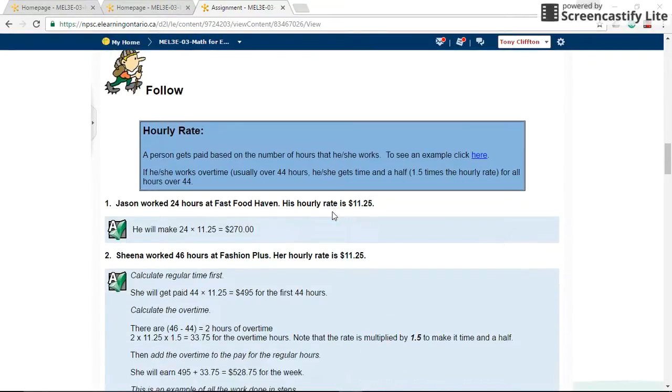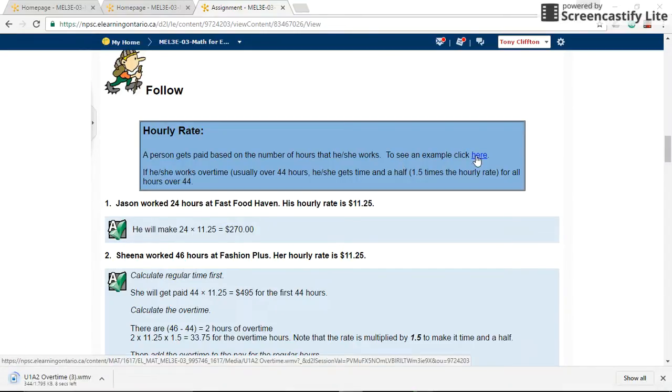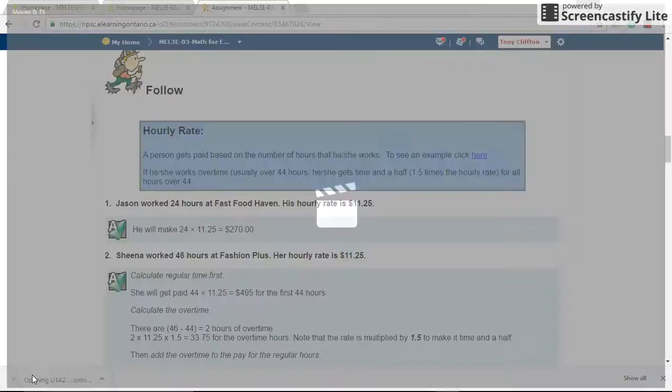Now, for most people, they're familiar with the hourly rate of getting paid. A person gets paid based on the number of hours that he or she works. To see an example, click here. So you could click this and a little video will come up. You may have to double click another thing here. Let's see.